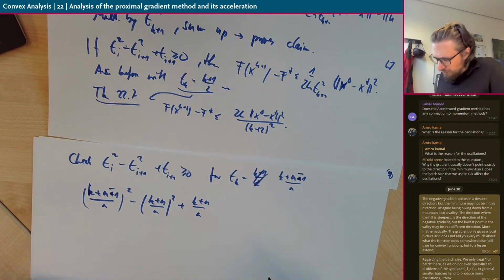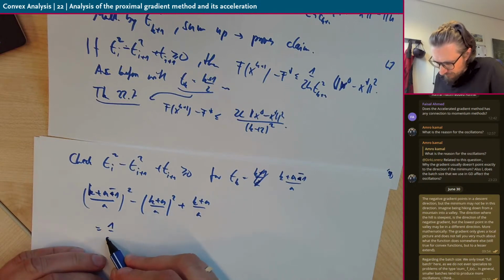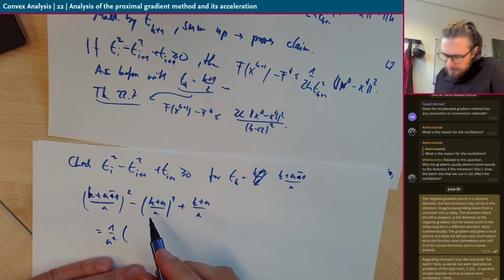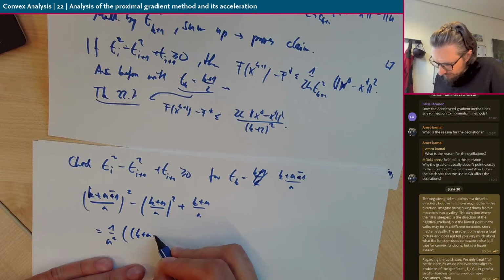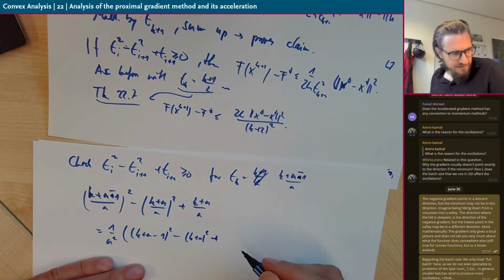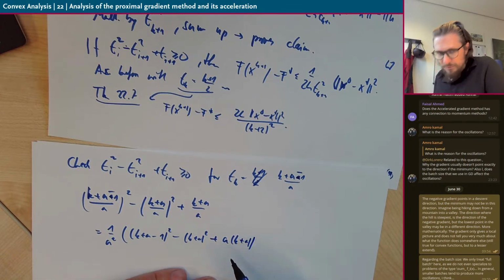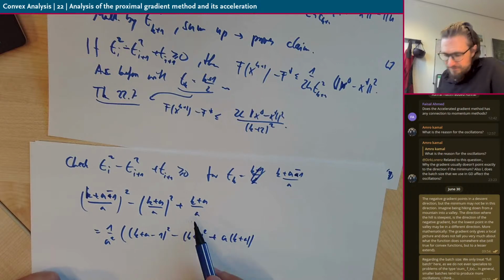Okay, so now we see if we do that, we can factor out the 1 over a squared, and then here we have (k plus a minus 1) squared minus (k plus a) squared plus, and this is just a times (k plus a) because we have to multiply by a here.